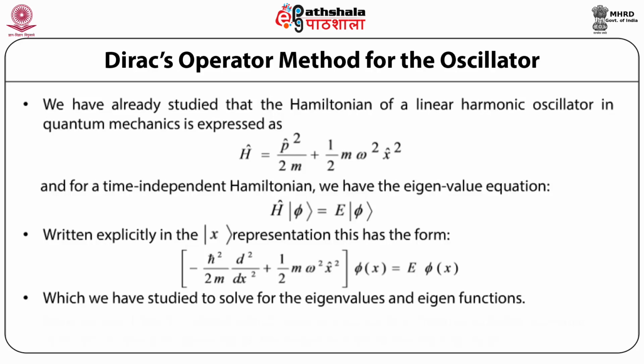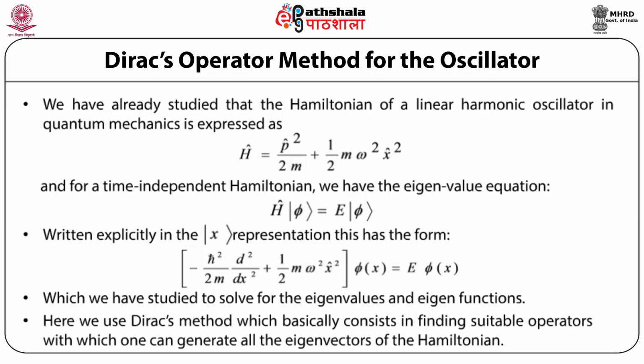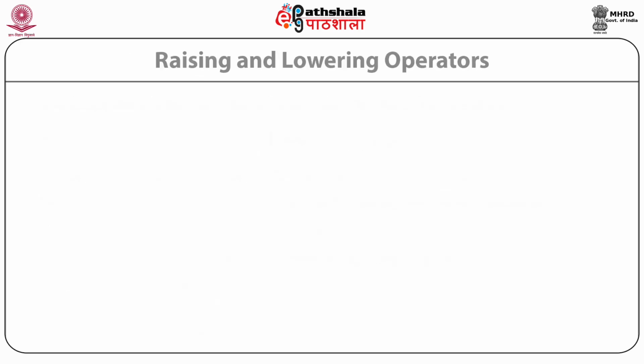In the Dirac's formulation of quantum theory, the central role is played by the commutation relations between linear Hermitian operators corresponding to the dynamical variables. Here, we shall use Dirac's method, which essentially consists in finding suitable operators with which one can generate all the eigenvectors of the Hamiltonian without making reference to any particular representation: raising and lowering operators.